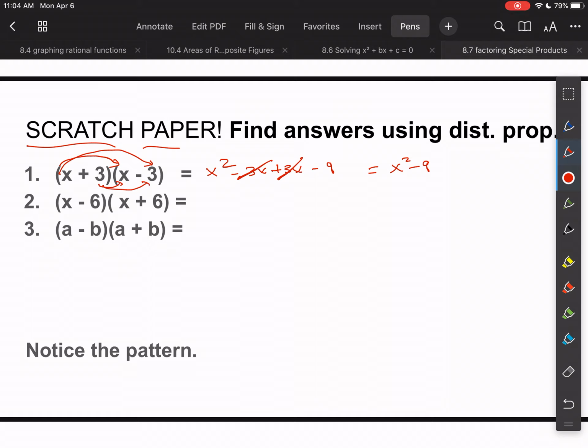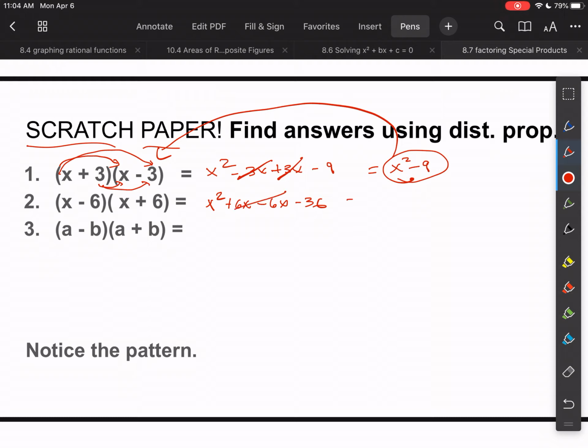Today we're going to be doing the reverse, where they're going to give you this and ask you to come up with the factors. So you can kind of guess where that's going and what the rule is. If I do it with number 2, I'm going to use the same strategy. X times x is x squared. X times 6x is plus 6x, negative 6 times x is negative 6x, and negative 6 times 6 is negative 36.